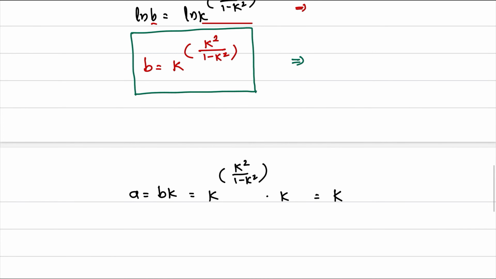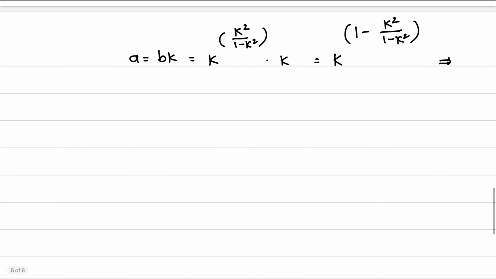That is equal to k to the power of 1 minus k square by 1 minus k square, because a to the power of b into a to the power of c is equal to a to the power of b plus c. That implies a is equal to k to the power of 1 minus k square minus k square divided by 1 minus k square.